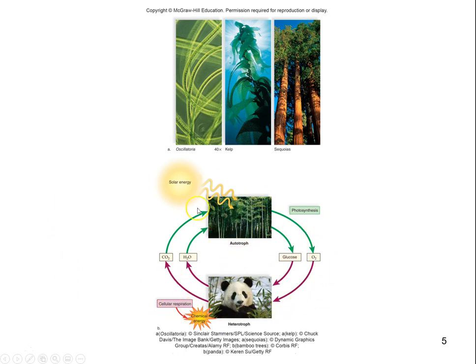This should be pretty familiar. It's basically what I just explained on that last slide. Here's a picture of Oscillatoria, which is a cyanobacteria, a photosynthetic bacteria, kelp, and algae, and then obviously these large sequoias, which are huge trees.